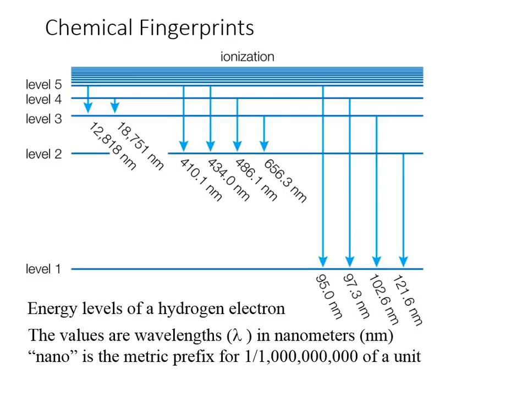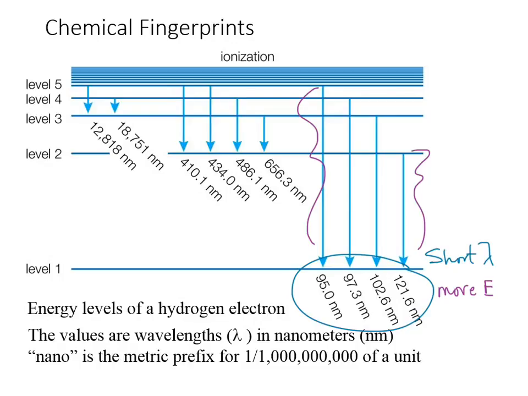But notice over here we have shorter, relatively short wavelengths, and remember with short wavelengths there is more energy. And doesn't it look like there's more energy? Look at that big step. It's the size of the step that gives you the energy. Okay?